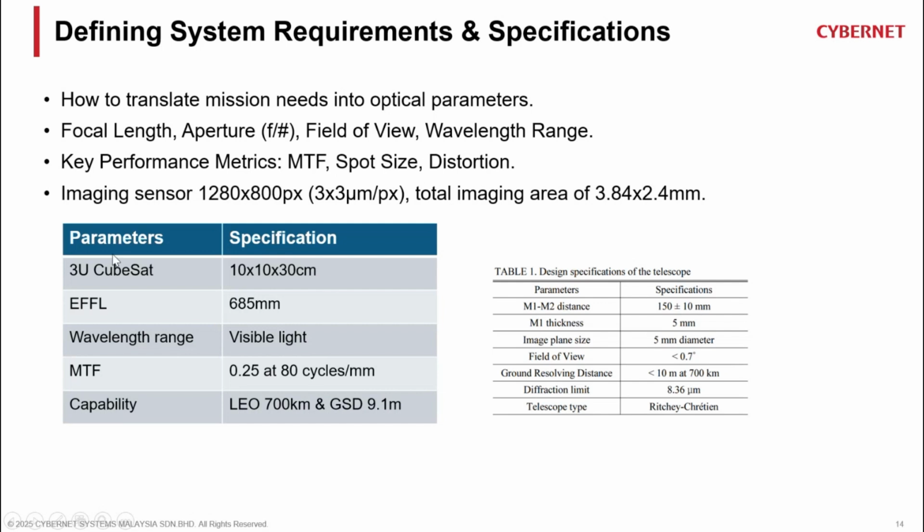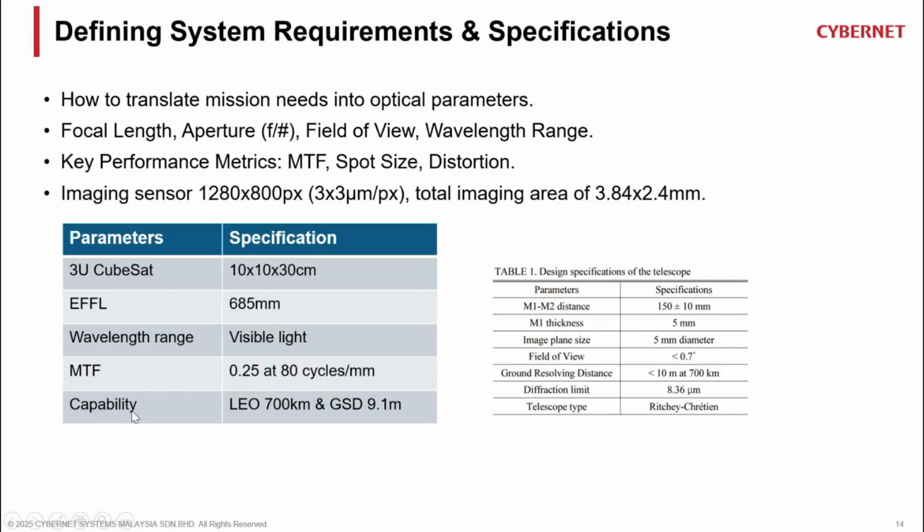Here we have the parameters to design the CubeSat. For example, the 3U CubeSat dimension is 10 by 10 by 30 cm, the effective focal length will be 625 mm, and the wavelength range will be visible light. And we target the MTF at 25% at 80 cycles per millimeter.